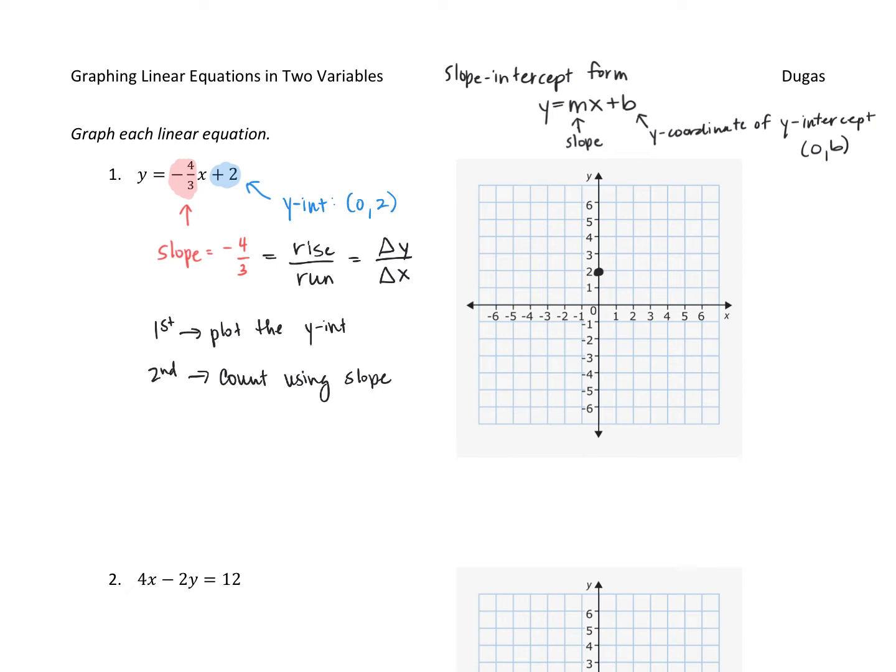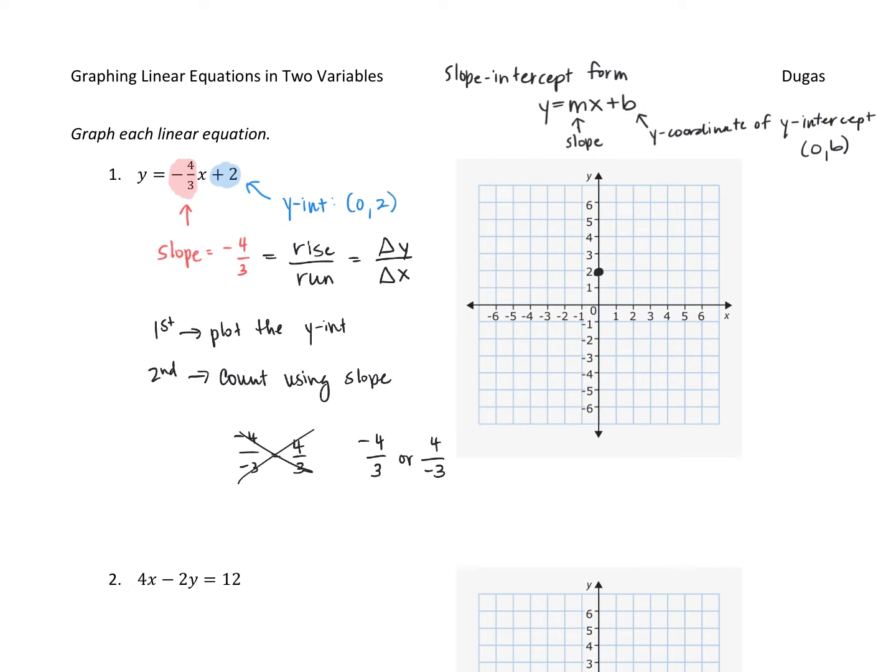That negative you can choose if it's on the top or on the bottom, but it's not on both. Remember, if you have a negative 4/negative 3, those two negatives would cancel and give you a positive 4/3. So it's not on both of them. A negative 4/3 is either -4/3 or 4/-3. Either way, the point will be on the line.